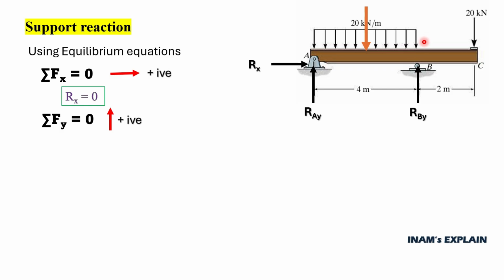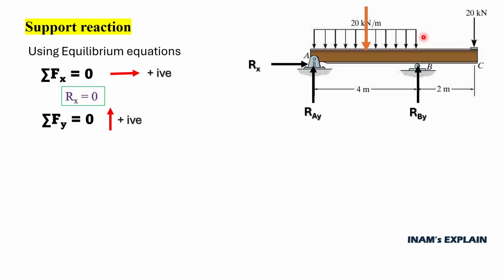It will be equal to 20 into 4, the equivalent point load of the 20 kN per meter acting up to 4 meters.